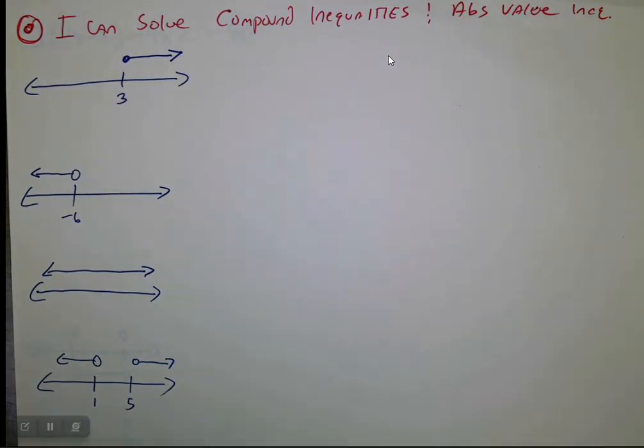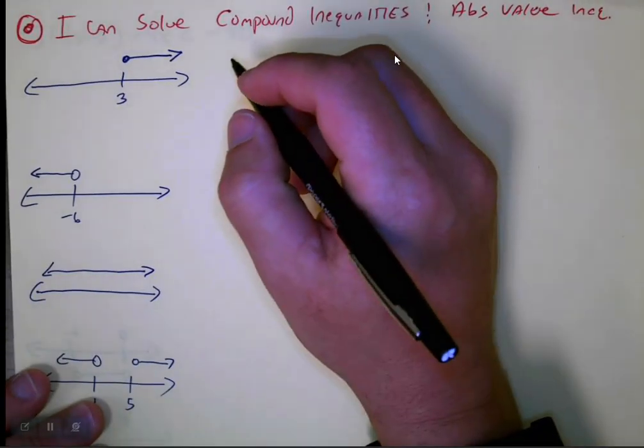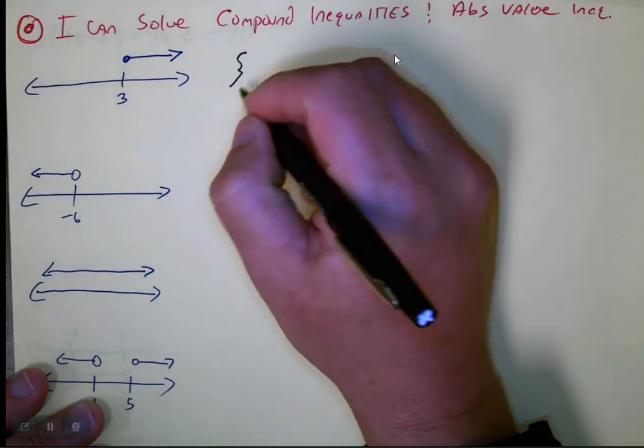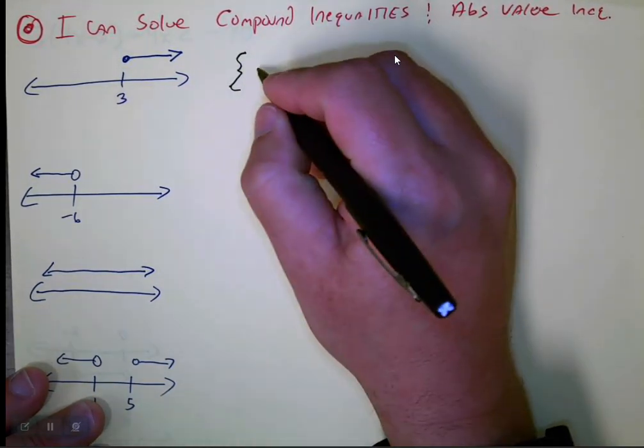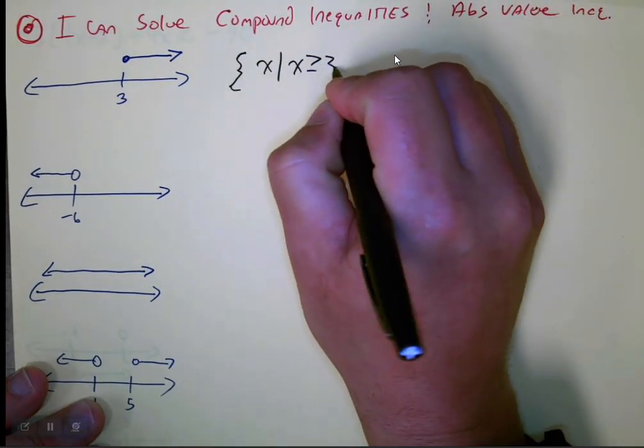First one, this graph, if you remember, that is an inequality. In set notation, it's going to look like this. It's going to be like a squiggly bracket, and you're going to say x such that x is greater than or equal to 3.